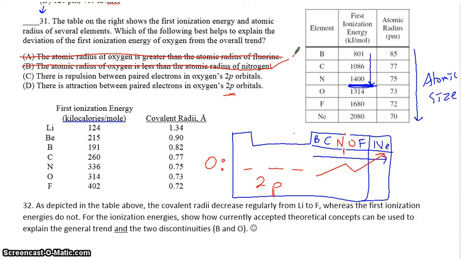Wait a minute. Apologize. Yeah, oxygen should have 6 total, 4 in the p. So, all right. So 1, 2, 3, 4, which means there is an extra electron in the orbitals. Remember that these right here are orbitals. And this extra electron creates repulsion.